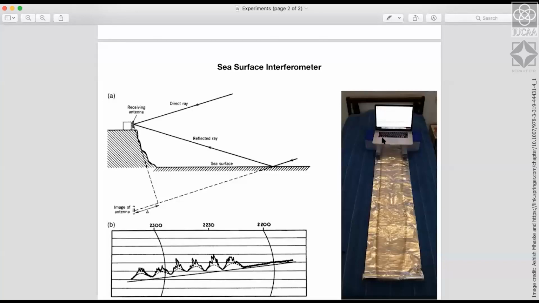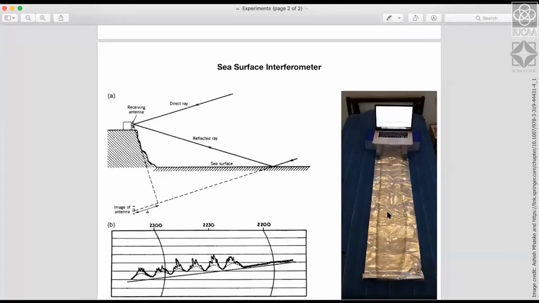You can try putting it on a chair or a small stool. It is also recommended not to keep this height too large, otherwise the reflected ray might have to travel a much longer distance and it might not give you the best result. But those are parts of experimenting, and you can try different heights above this reflecting surface.